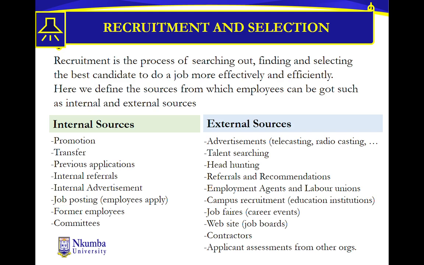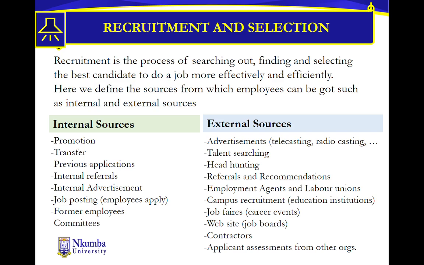Then there are also campus recruitments, where you go to education institutions, colleges and institutes, universities and other education institutions to source for workers. Others go to what you call job fairs or career events, where people who are interested in some careers visit those career places and events to participate, and from these events we can source some workers.